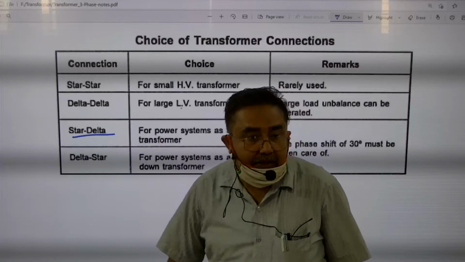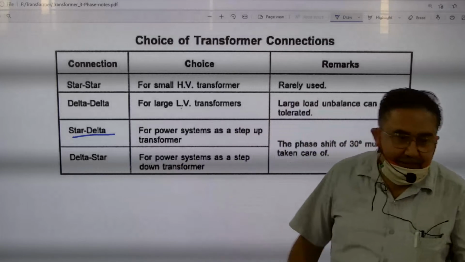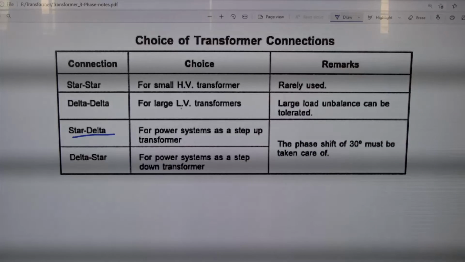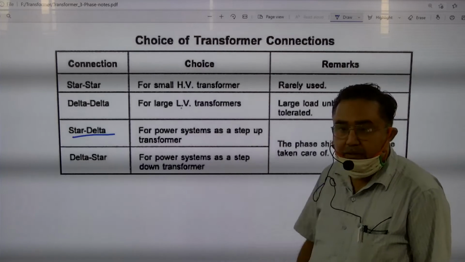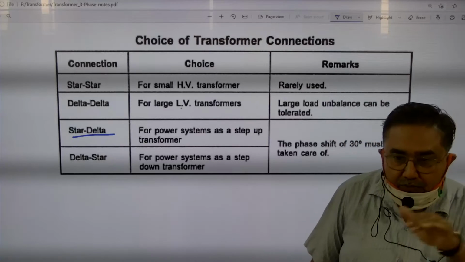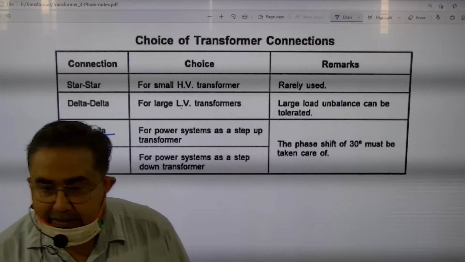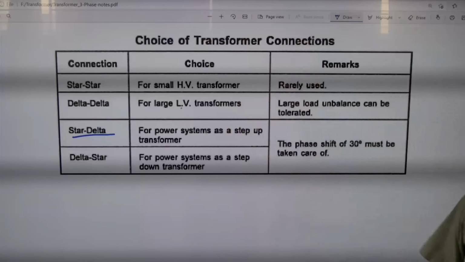Star delta. Is it clear? Then comes delta star. This is very clear for the distribution transformer for a step down. Basically, हम क्या करते हैं, डिस्ट्रीब्यूट 11 किलो वोल्ट से कितना करते हैं 440 वोल्ट, एंड दैट इज बीइंग सप्लाइड टू द होम्स. क्लियर? ये यूज क्लियर हो गया कि नहीं हो गया?